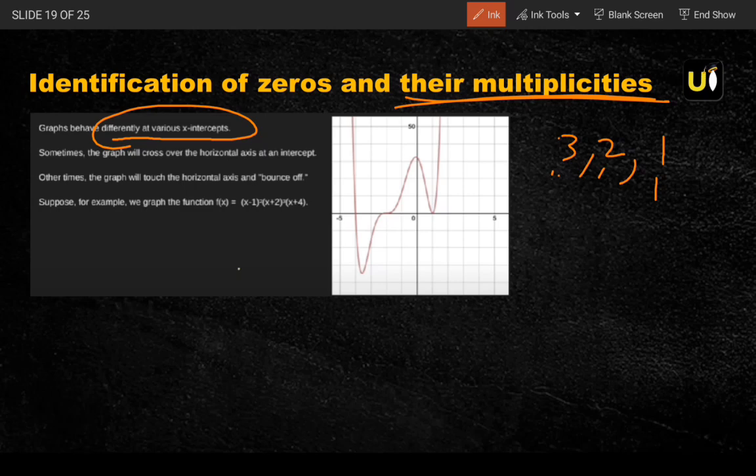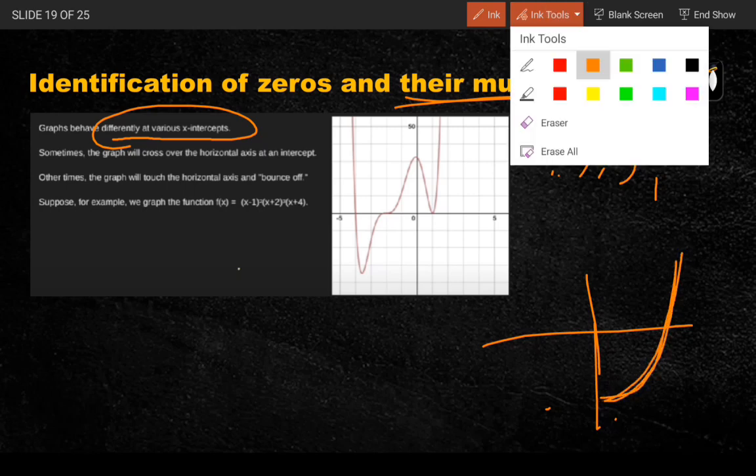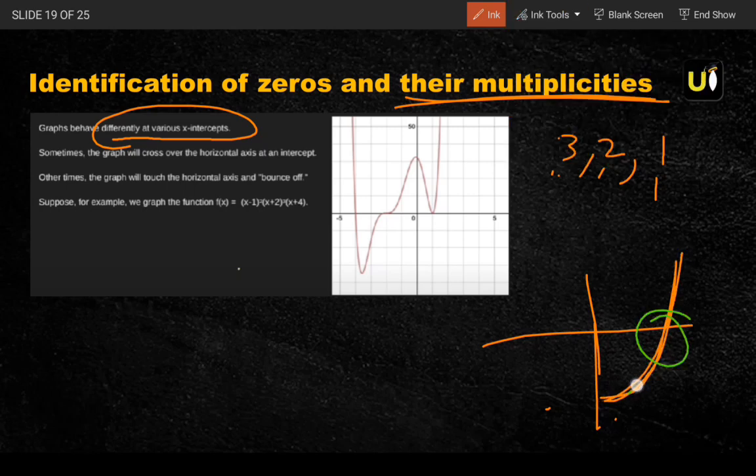Sometimes the graph will cross. For example, this is called crossing. Here the graph is crossing the x-axis, and sometimes it will bounce off. Bounce off means just like this. It will be touching, but it will not cut the x-axis.